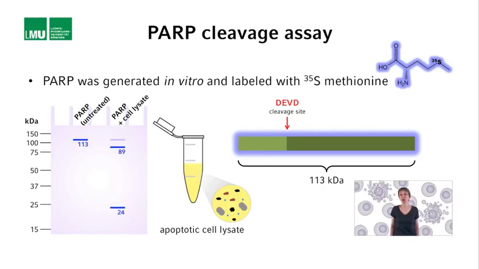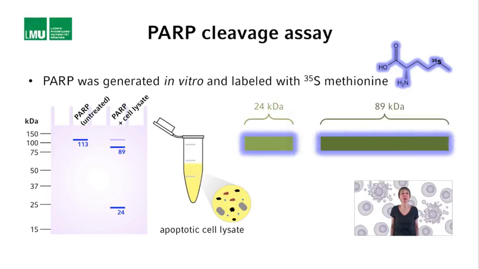Apart from the 113 kD band, another one was detected at around 89 kD and one at around 24 kD. The protein running at 89 kD and the protein running at 24 kD are the cleavage products of PARP once PARP is cleaved.